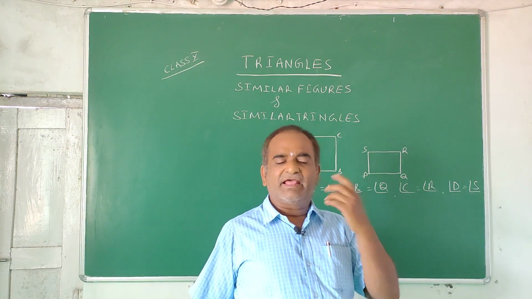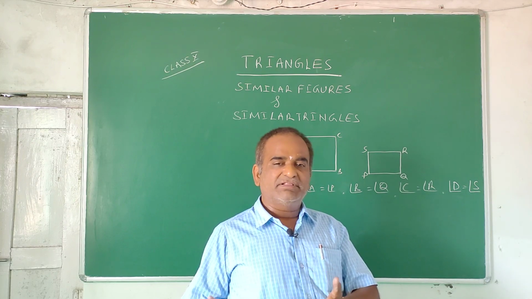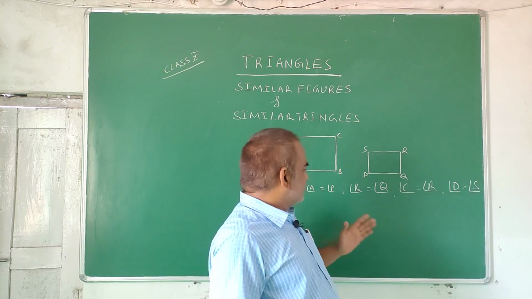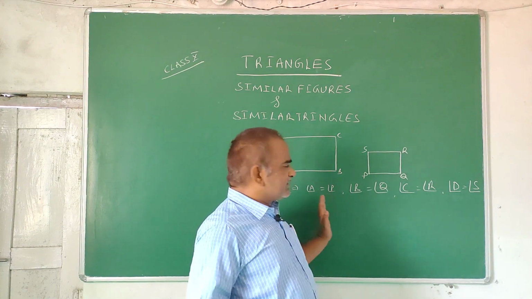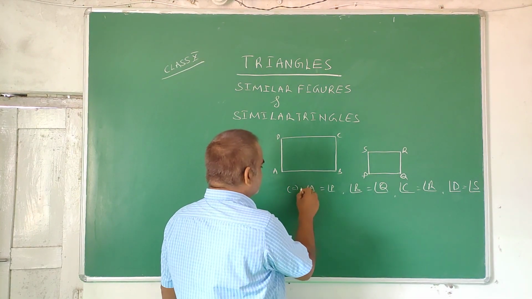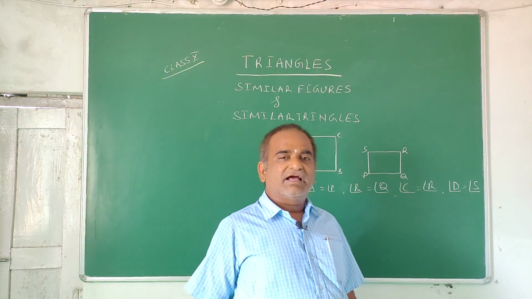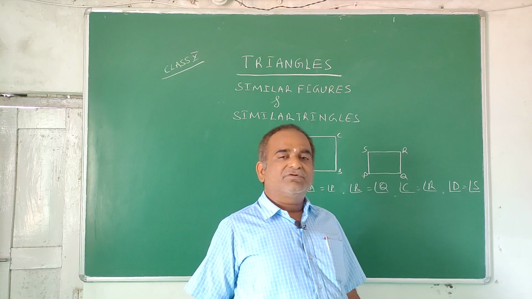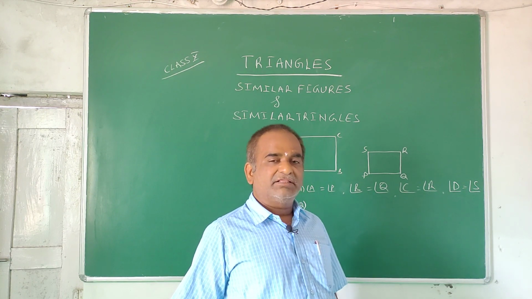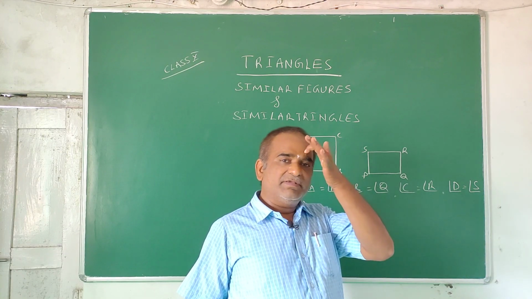Thus quadrilaterals can be anything, two squares or two rectangles, two rhombuses. So two quadrilaterals are said to be similar if their corresponding angles are equal, and the second condition is the corresponding sides should be in proportion. That means the ratio between the corresponding sides must be equal.